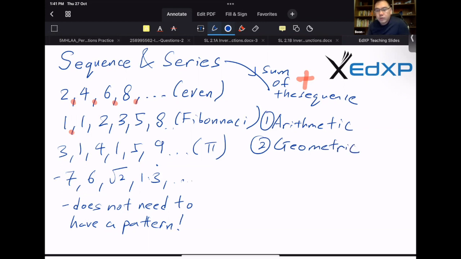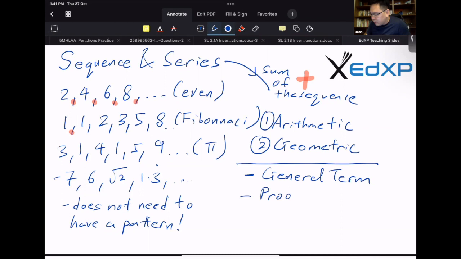For these two sequences, you will need to know, number one, the general term. Number two, how to prove that a sequence is arithmetic or geometric. And number three, the sum of the sequence. I will be talking about these in this part of the video.